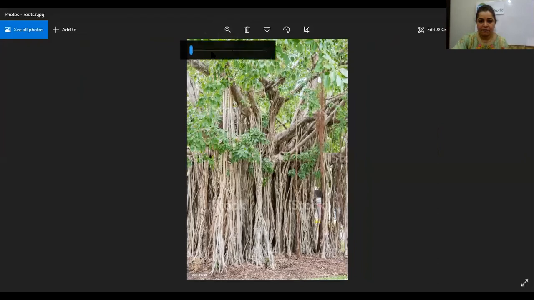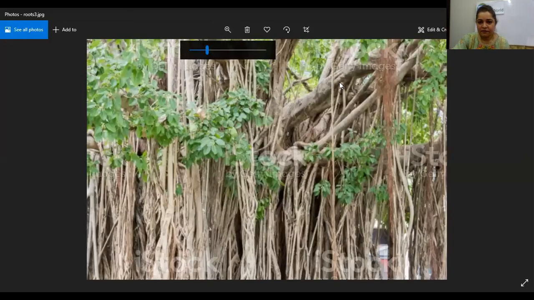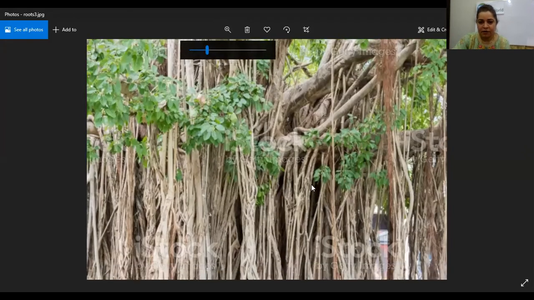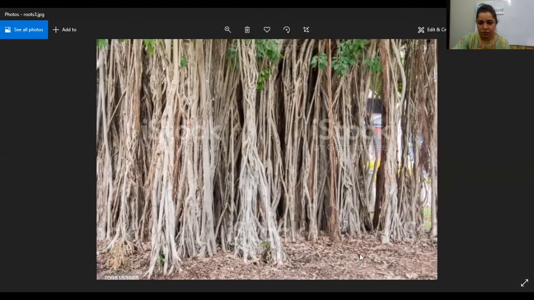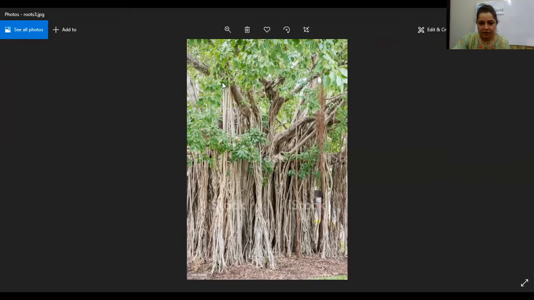This is also a picture of aerial roots. See, now see, they grow above the soil, and they are touching the soil and going up, right? So these are called aerial roots. These are also roots, right?